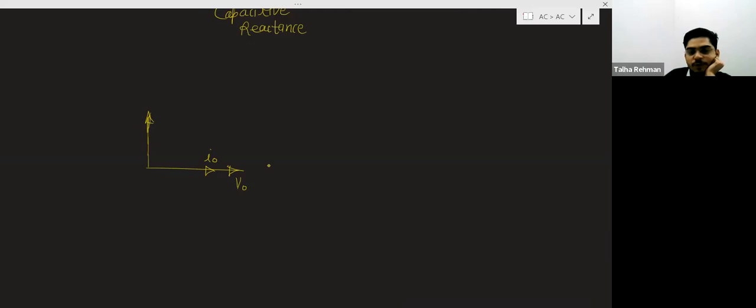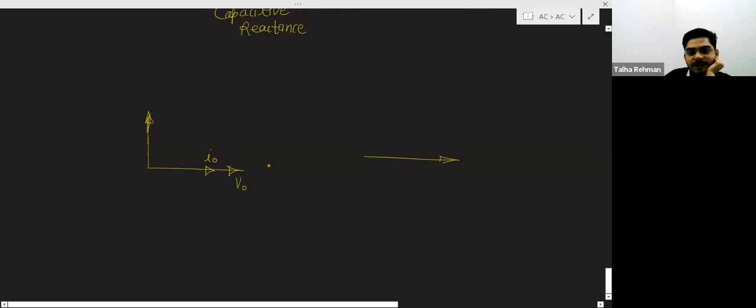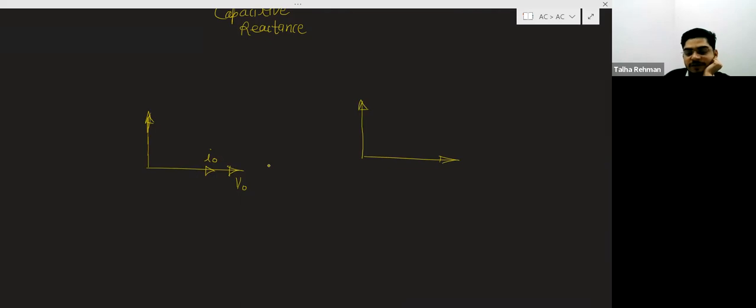Now for the purely inductive circuit, the phasor diagram will be like this. For the phasor diagram we should know the equation of the voltage and the equation of the current. The equation of the current is I equals I naught sine (omega t minus 90 degrees).